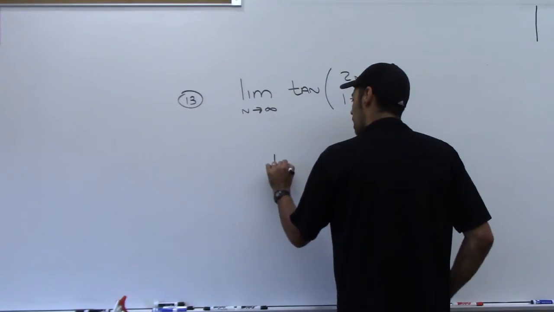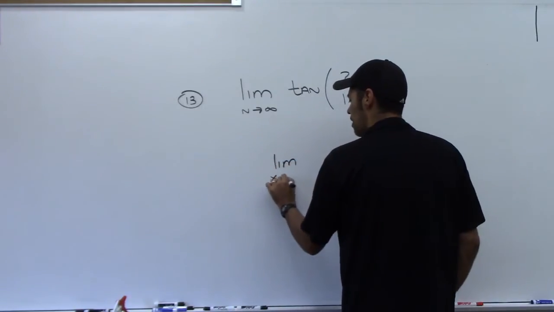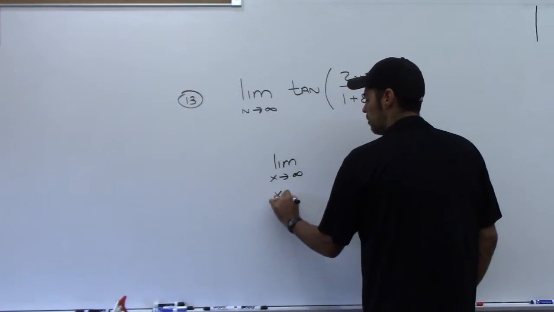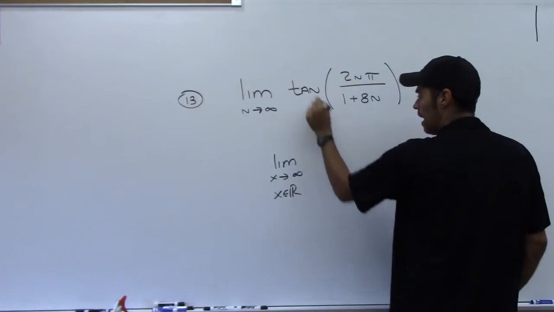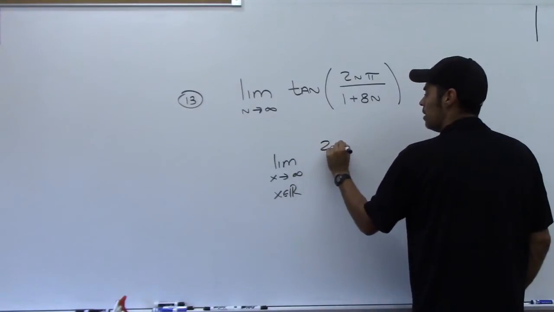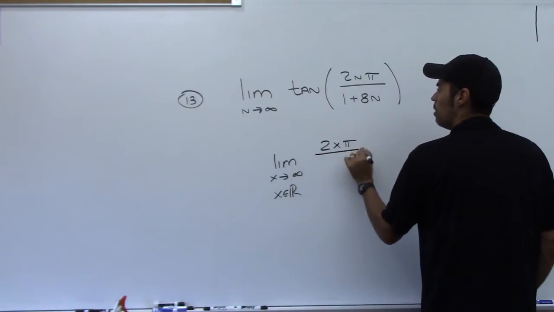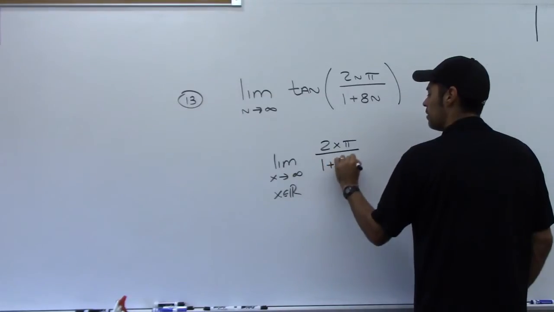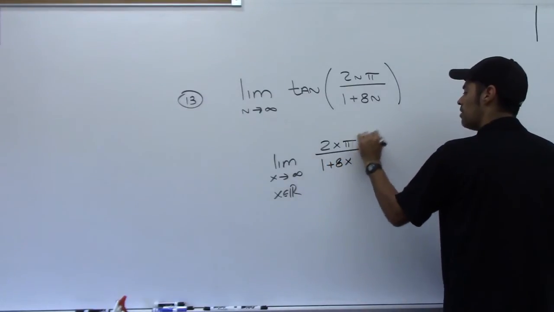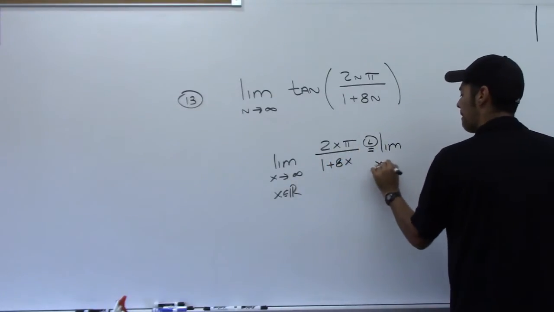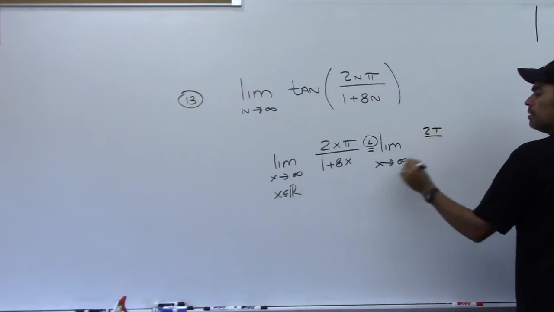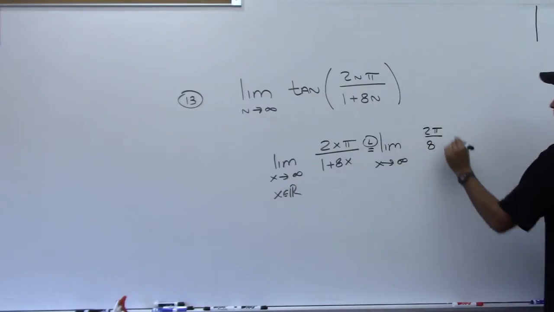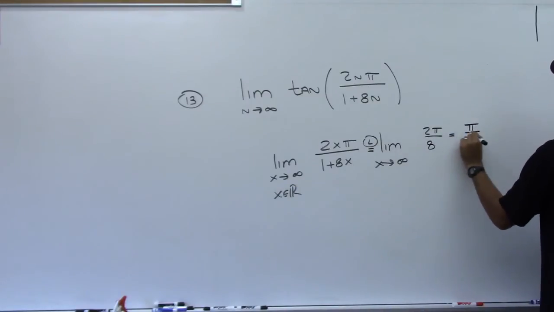First of all, I'm going to rewrite this with x's, where x is a real number. And I'm just going to look at the inside. I'll come back and deal with tangent in a second. 2x pi over 1 plus 8x. If I do L'Hopital's rule on this, derivative of the top is 2 pi. Derivative of the bottom is 8. And that's just pi over 4.